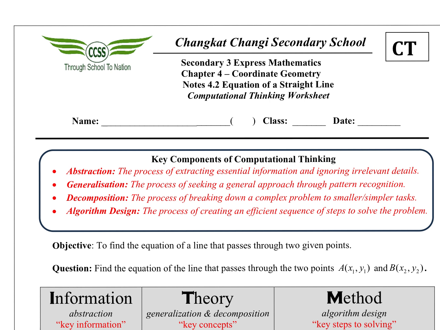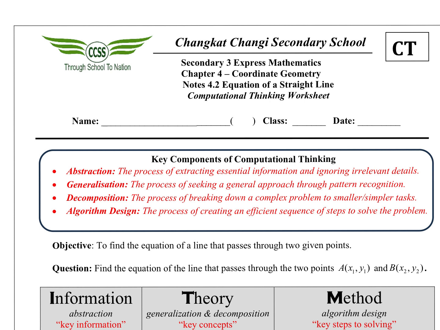And then after a while, you will generalize, which means you find a pattern to solve it. Usually this type of question, what is the way to solve? The method. Then finally, you go to algorithm design. In your mind, there is a certain fixed series of steps to help you solve the question. So computational thinking is not new to any one of you, just that you don't know you are using it.